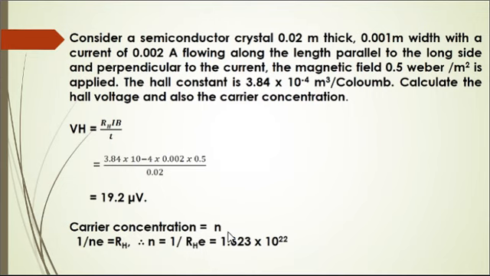If you substitute the values, then we can find the carrier concentration as 1.623 into 10 power 22 per centimeter cube.